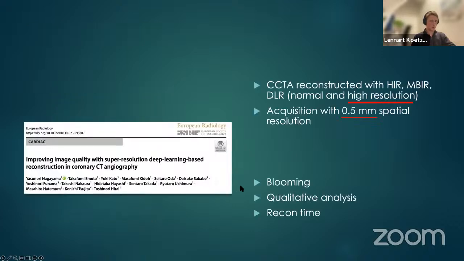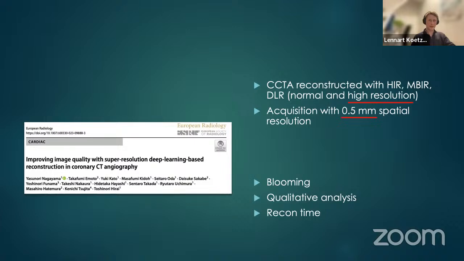So I took one paper describing the capabilities of this high resolution DLR algorithm. This study was again on coronary CT angiography.